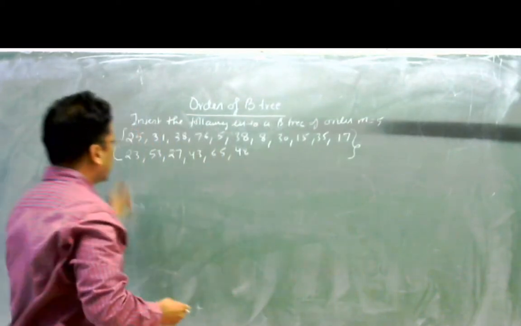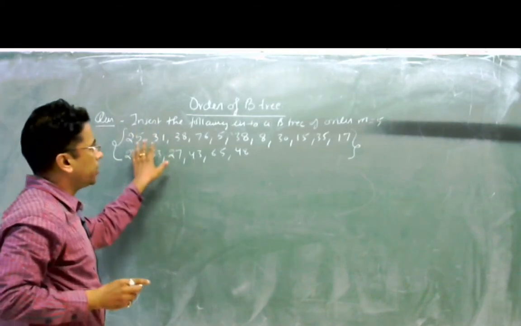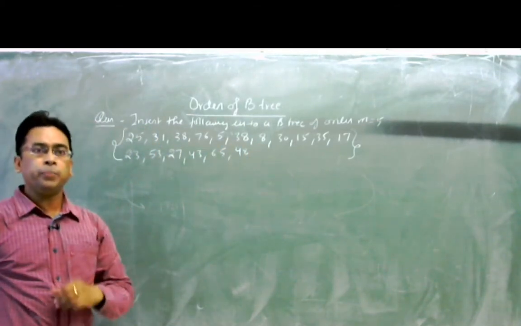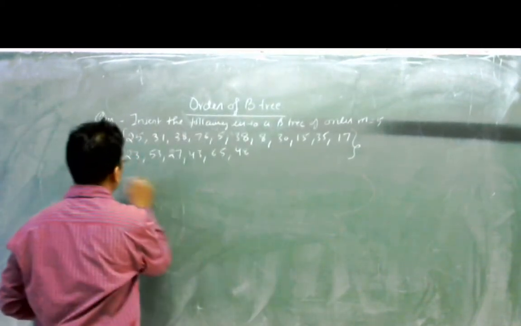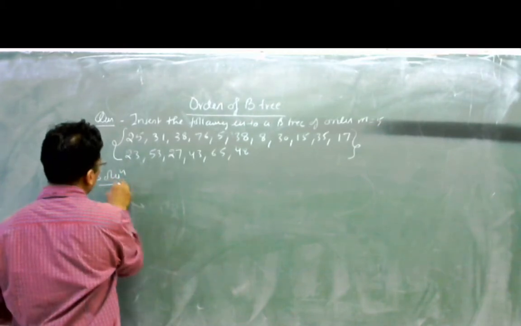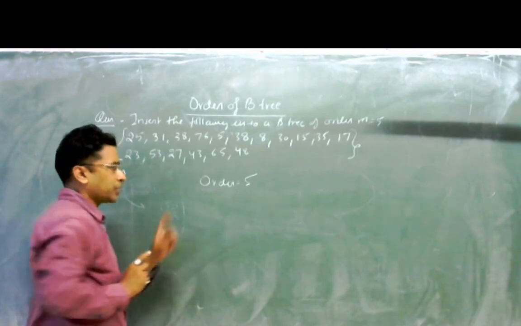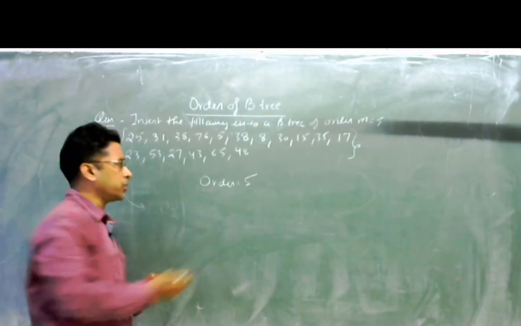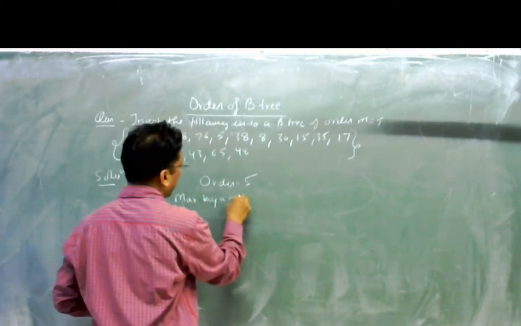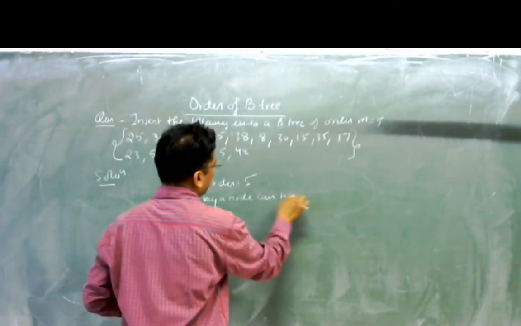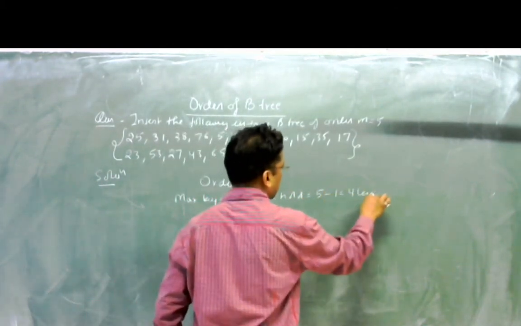Okay, here in this question we have to insert the following elements into a B tree of order 5. The order is equal to 5. So, solution: the order is equal to 5. So the maximum keys a node can hold is equal to m minus 1, which is 5 minus 1, equal to 4 keys.